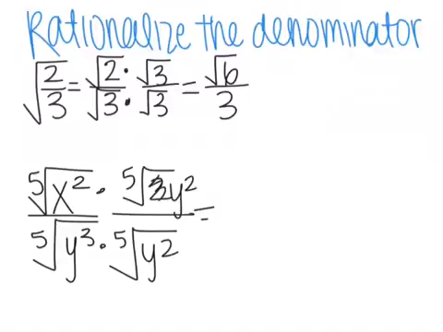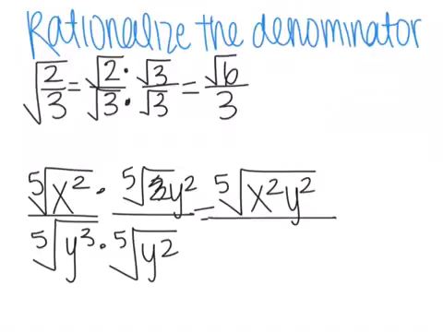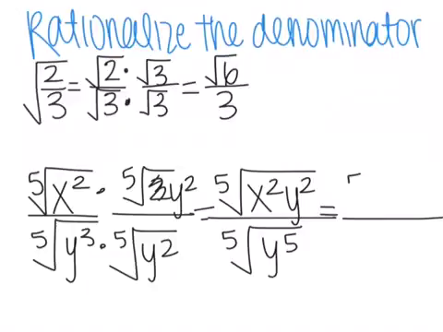So that will give you the 5th root of x squared times y squared over the 5th root of y to the 5th. So that simplifies to the 5th root of x squared times y squared over just y.